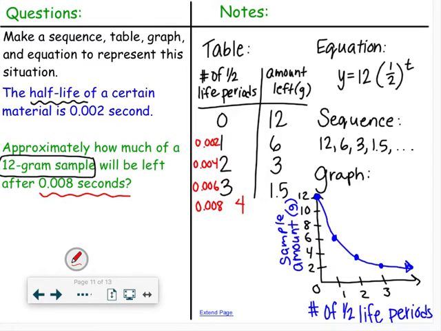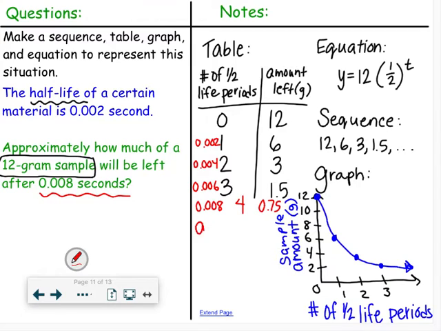So you're not substituting 8 into your equation. I'm not substituting anything into my equation. I'm just looking at my table and figuring out how many half-life periods they're talking about. So if I divide 1.5 by 2, I get 0.75.